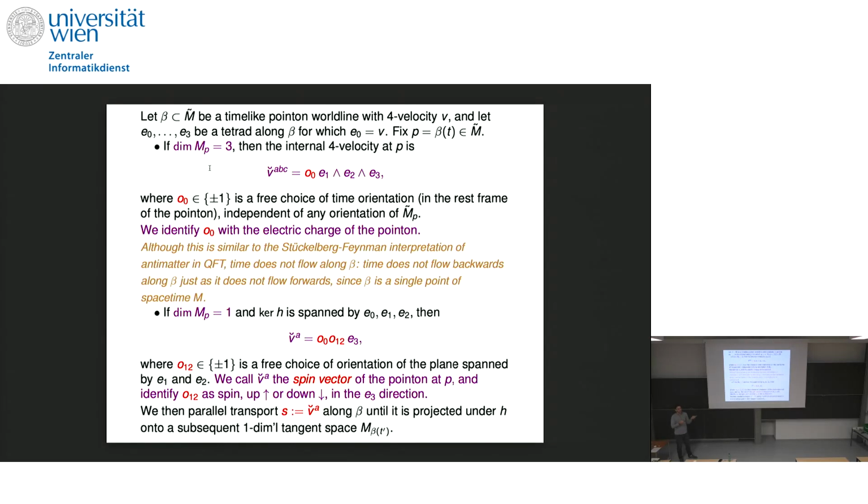And that's the free choice of orientation of O12. So there are two possibilities, and that gives us a spin in the direction of this one-dimensional line. Then we parallel transport this vector along beta.